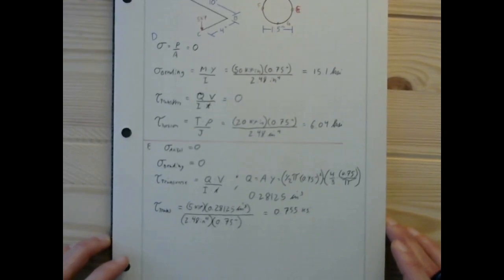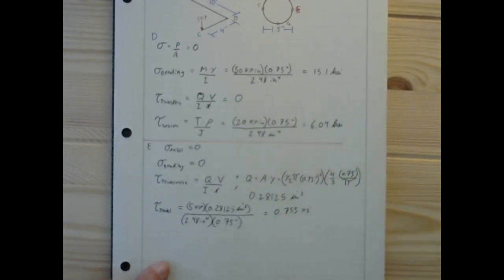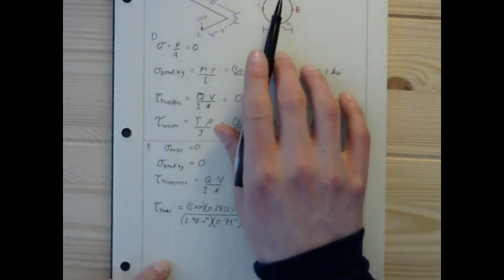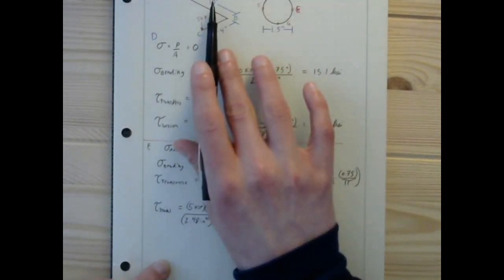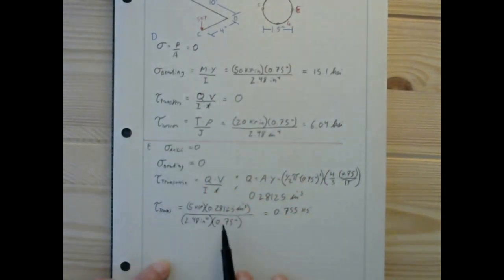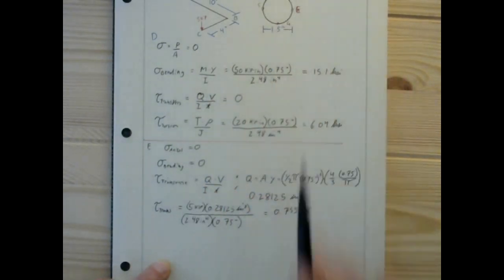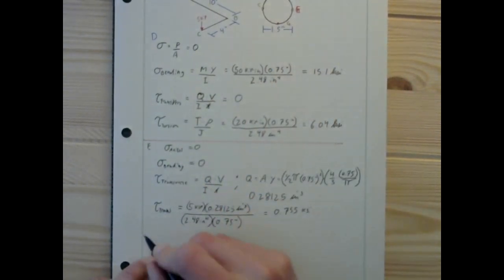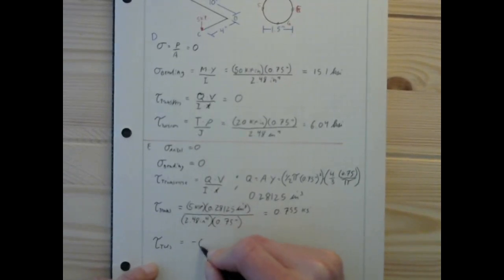And finally, our torsion will be the same in magnitude, but not in direction, because remember, this was in this direction, whereas this is going to be in this direction. So torsion is going to be equal to negative 6.04 KSI.